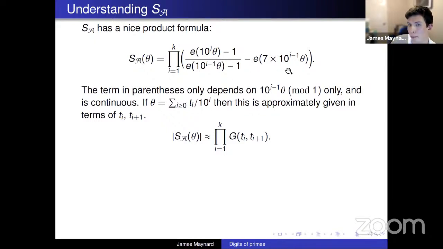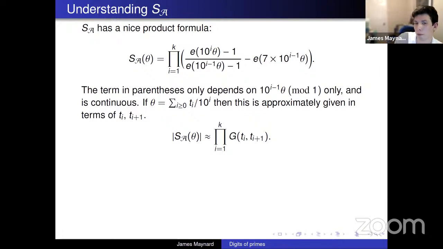the ith term depends only on ti, ti plus 1, ti plus 2, and so on. So ti and then the subsequent digits. But moreover, it mainly depends on ti, and then it depends to a lesser extent on ti plus 1, and then a lesser extent still on ti plus 2, and so on, because it's a continuous function.